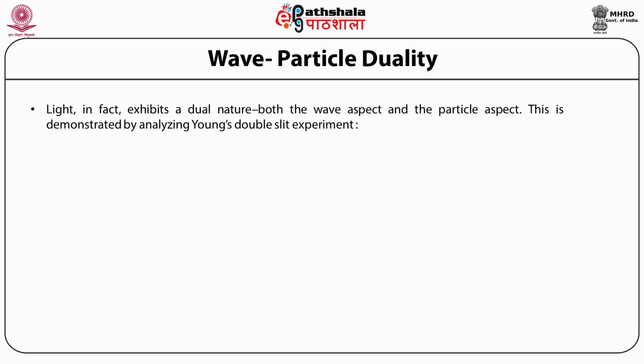The big question then arises, what is light? Is it a particle or a wave? The answer to this is that it is both. When light is moving, it moves as a wave, but when it interacts with matter, it interacts as a particle, thus demonstrating both the aspects simultaneously.